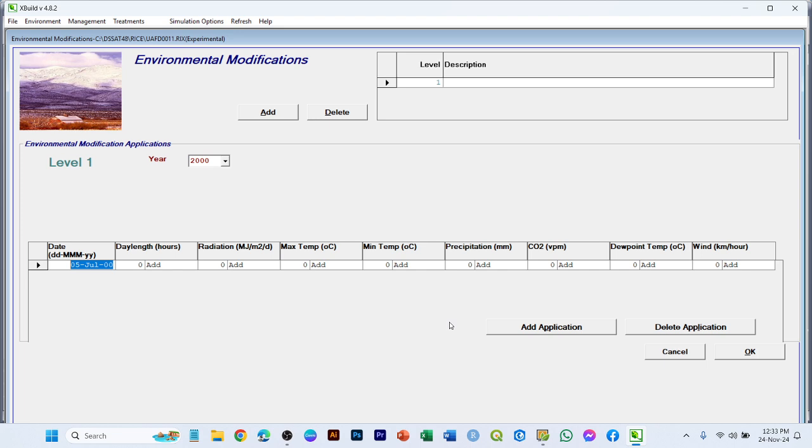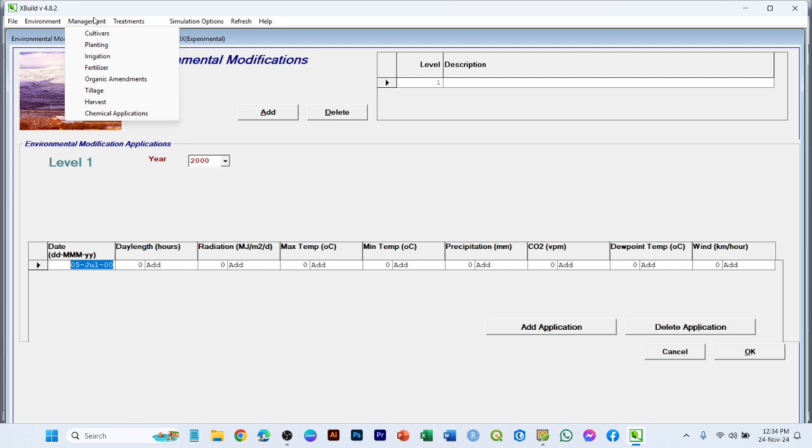Next is our management. Now real agronomy has started. So what type of cultivar we have, what is the planting date, what is the irrigation date, what is the fertilizer date, what are the organic amendments.